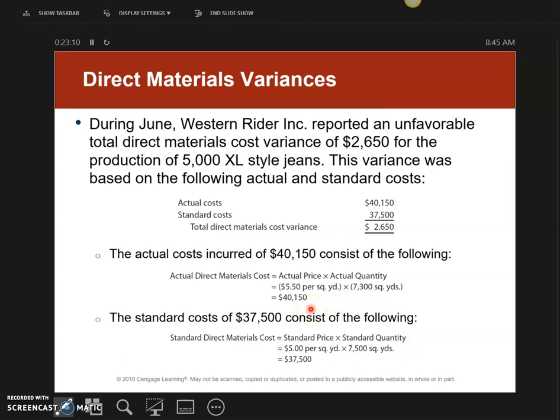That's how we ended up with the actual cost of $40,150. My standards were set by my standard price per square yard and my standard quantity. So these are how these numbers were set with standard. This is called AP, this is AQ. This is SP, this is SQ. And I'll show you the handout sheet I made at the end of the video.